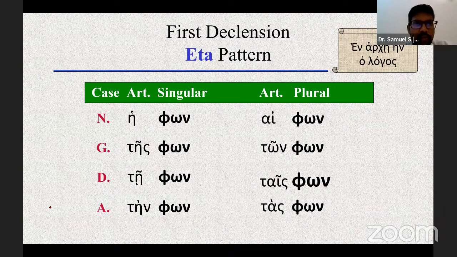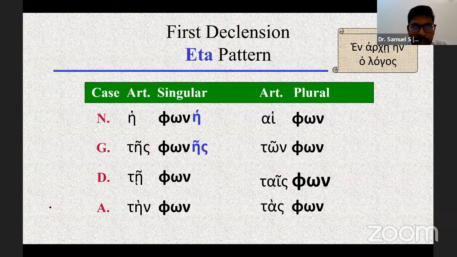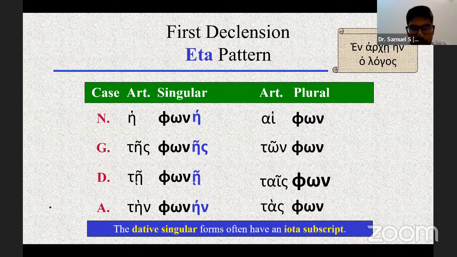Nominative singular for phone is just phone. Genitive singular, phones. Dative singular, phone with the iota subscript. Accusative singular, phonen.